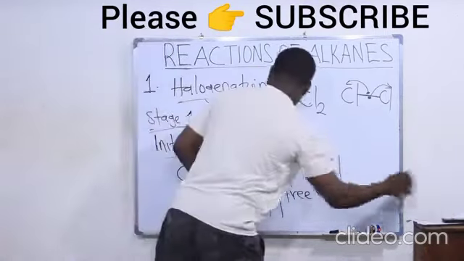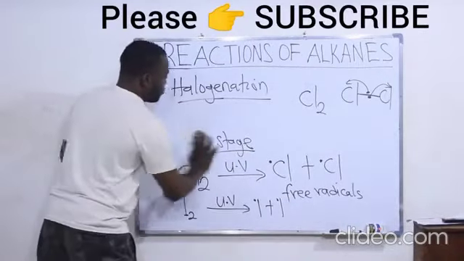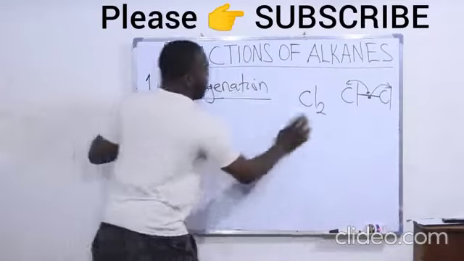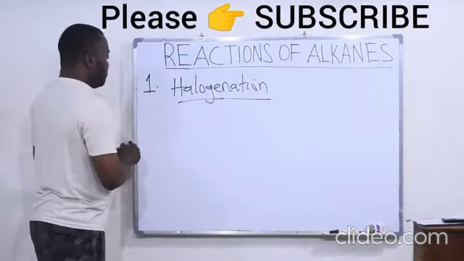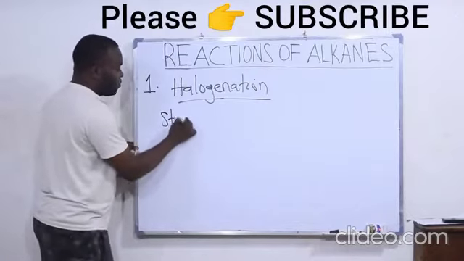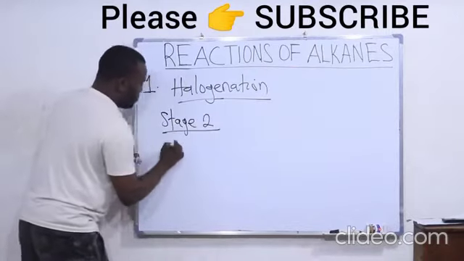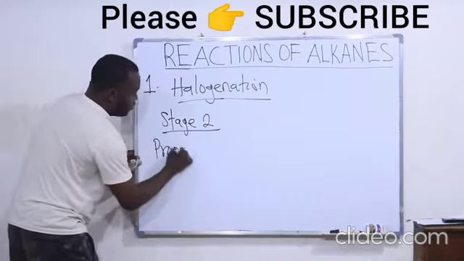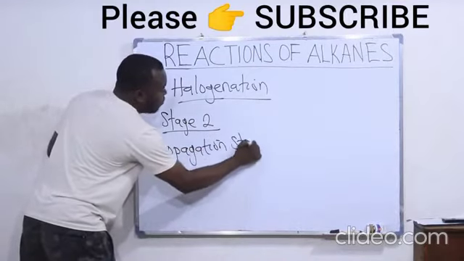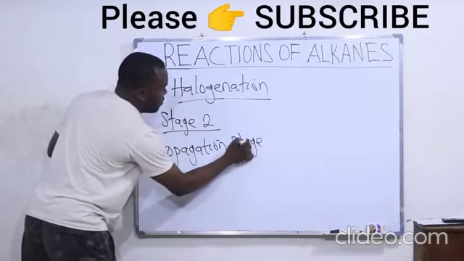Now let's quickly go to step 2. After the formation of the free radicals, which is step 1, let's see what happens next. Step 2 is called the propagation stage. What happens at the propagation stage?